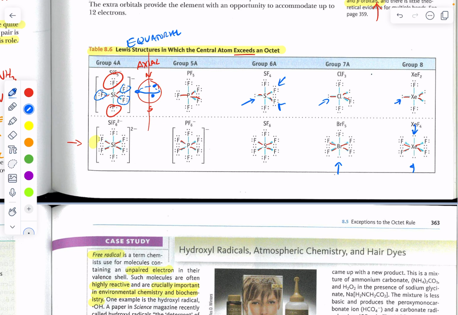You might also notice that the most stable place for the lone pair to be in many molecules is in the equatorial position, like there, like there, like there. And this has 3 lone pairs in the equatorial position. Sometimes the most stable configuration is to have your lone pair at the axial positions, at the North Pole and the South Pole, so to speak.